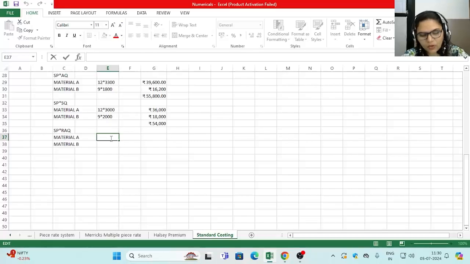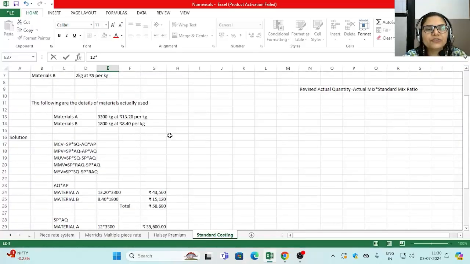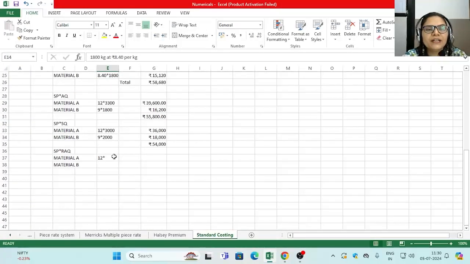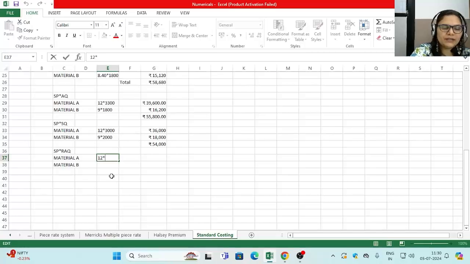Standard price we all know for material A is 12, and we will multiply it by actual mix into standard mix ratio. Actual mix is the amount of actual mix we have applied, that is 3300 plus 1800. It will be 5100 multiplied by standard mix ratio.